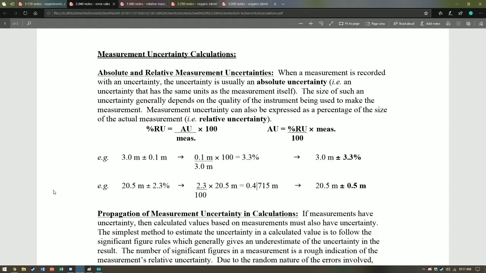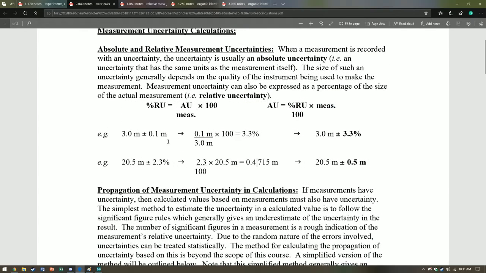When a measurement is recorded, we can have an absolute uncertainty or a relative uncertainty. The relative uncertainty is the absolute uncertainty divided by the measurement times 100 for a percent, and the absolute uncertainty is the percent over 100 times the measurement. Those are important formulas to know.